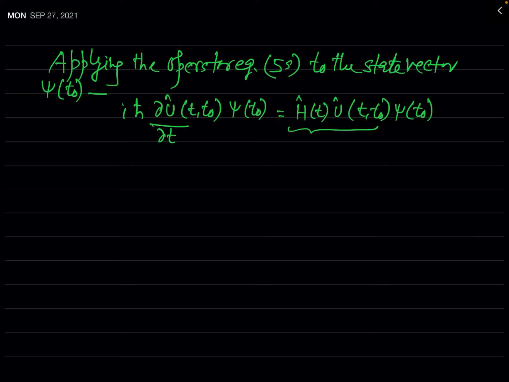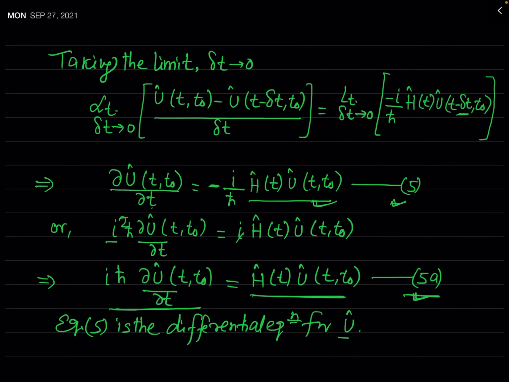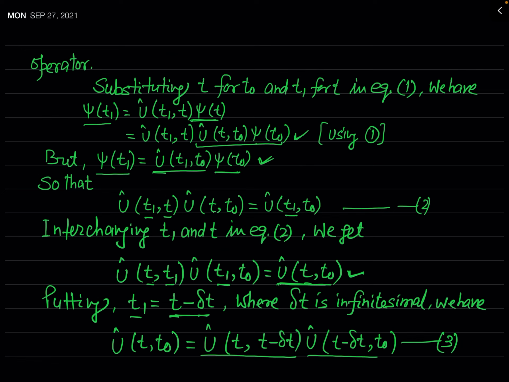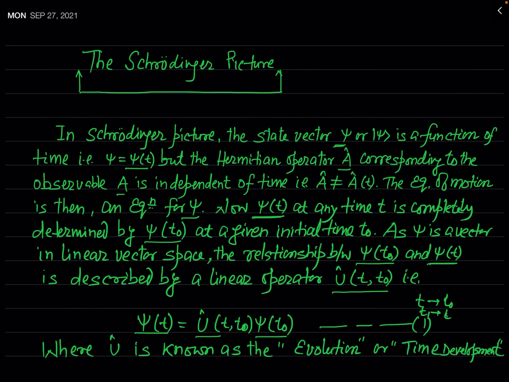Now, as you have seen earlier, this operator u hat when it operates on psi of t naught, we get psi of t. You can see it in the first equation, equation number 1: when we operate the operator u hat of t, t naught on psi of t naught, we get psi of t.